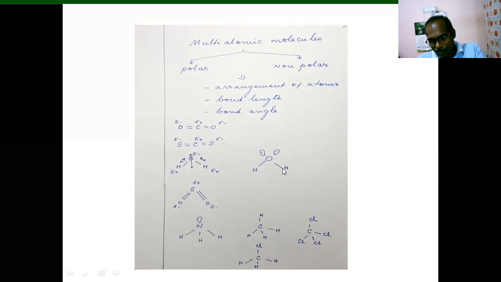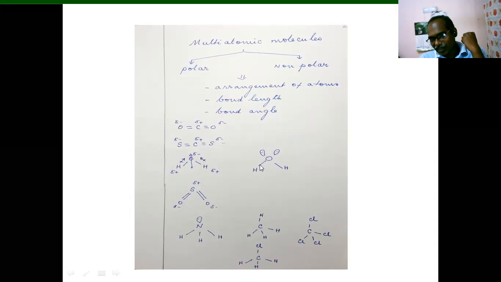Of these two electrons, one electron is shared by hydrogen and one electron is shared by oxygen. Therefore, this is a covalent bond. On the other side also it is the same. One electron is shared by oxygen and one electron is shared by hydrogen. These two electrons are supposed to be at the middle of the bond, but because of the high electronegativity of oxygen, the electron density is shifted towards oxygen.